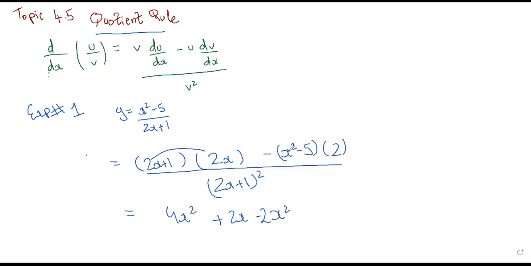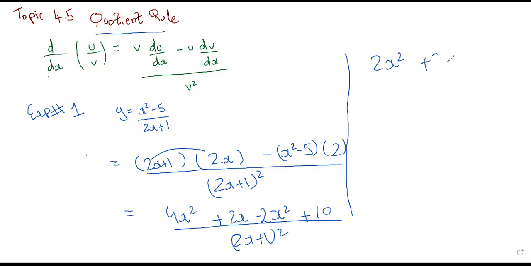We have this 2, and 2 into x squared is 2x squared, and then this minus as well. Minus into minus 5 is 5, and that into 2 is plus 10, right? Yes, over 2x plus 1 whole square. So this would be 2x squared plus 2x plus 10 divided by 2x plus 1 whole square.